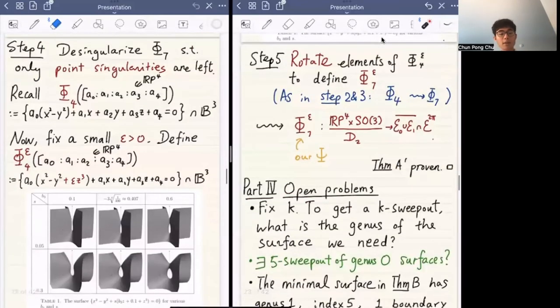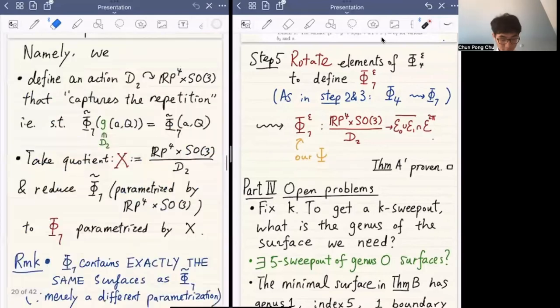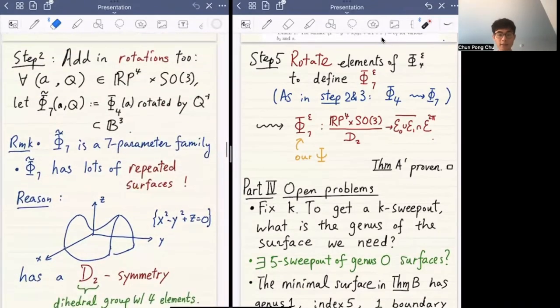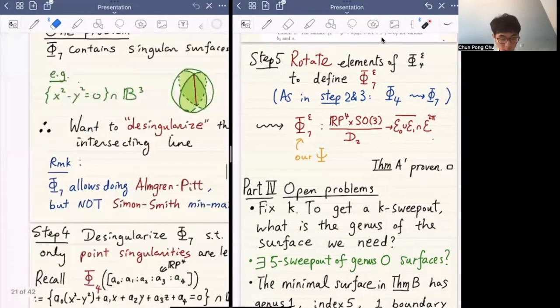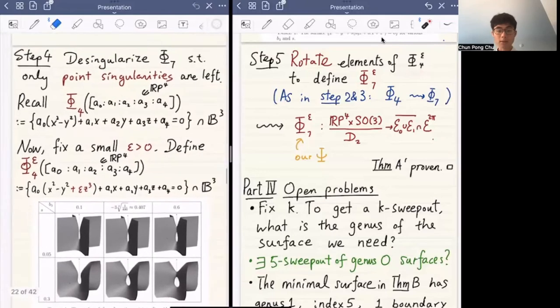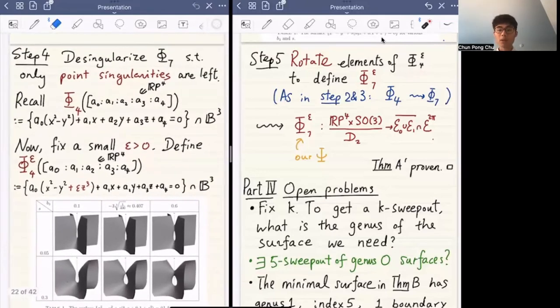After we desingularize the surface, we do the exact same steps as in steps 2 and 3. In steps 2 and 3, we rotate the surfaces, right? So we rotate them now. We rotate the elements of phi 4 epsilon, the desingularized elements, and then we mod out the symmetry also.